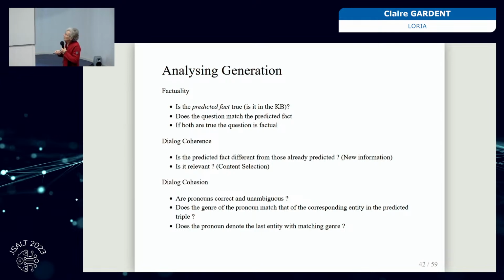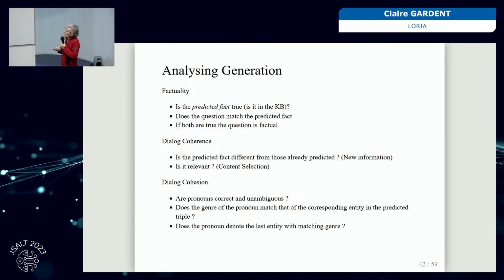It also allows us to better understand how much the prediction impacts dialogue coherence by checking whether the predicted fact is different from the fact that has already been predicted. Is it new, or is it a repetition? And is it relevant, so does it belong to a set of facts that is relevant for the current dialogue context?